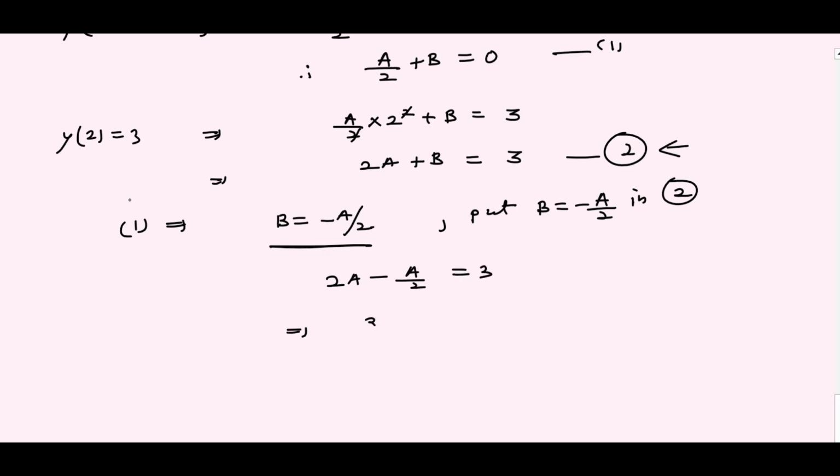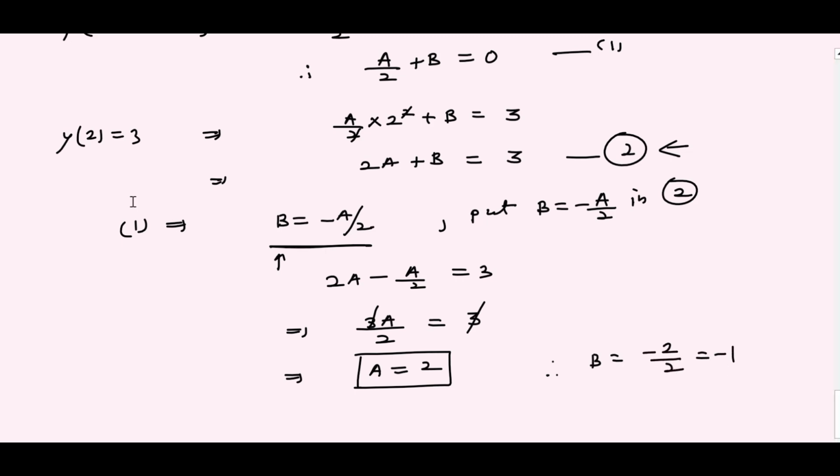So we will get 3a over 2 is equal to 3. 3 gets canceled out. So now the value of a is equal to 2. Put the value of a here to find the value of b. Then the value of b is equal to negative 2 by 2, that is negative 1.